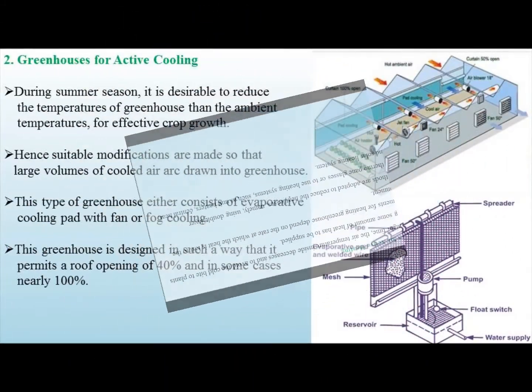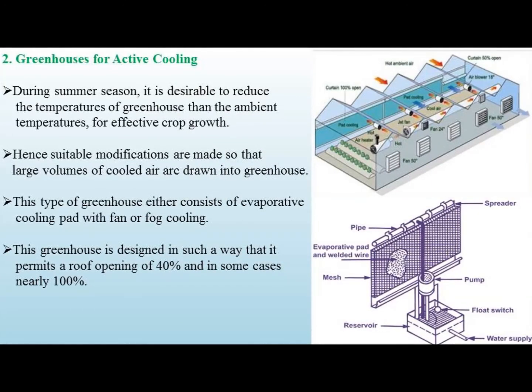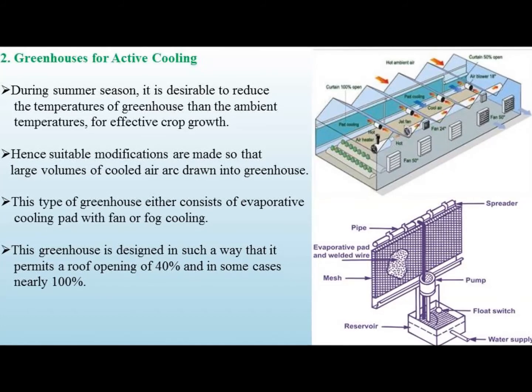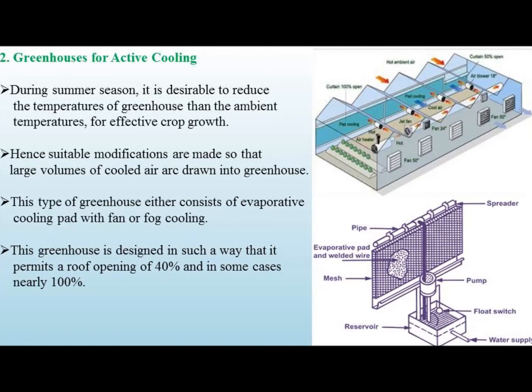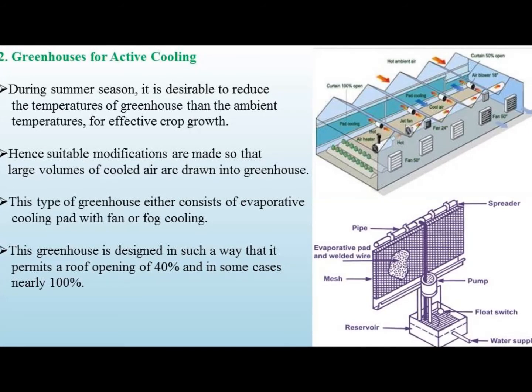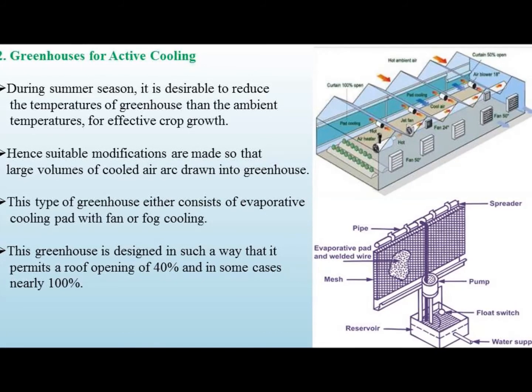Then the second type is the greenhouse for active cooling. In the summer season, it is desirable to reduce the temperature inside the greenhouse and maintain the optimum temperature for effective growth of the crops.